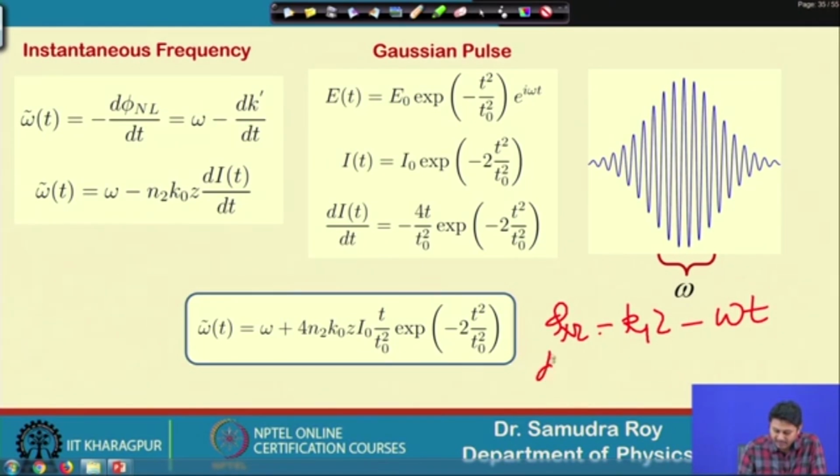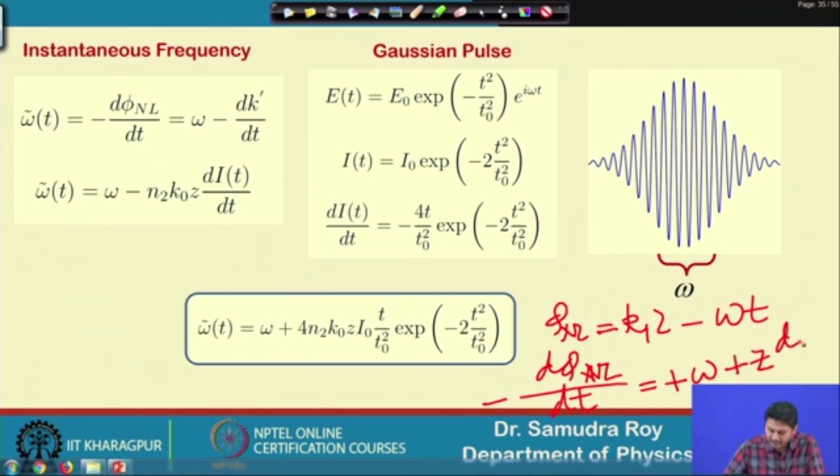When I take the derivative to find the instantaneous frequency, we will have plus omega, the derivative of this quantity, plus z multiplied by dk prime dz.